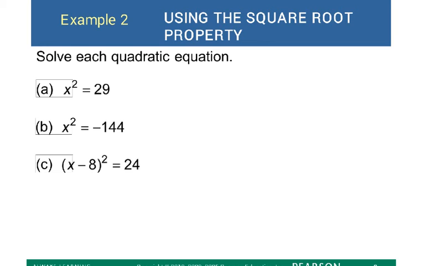So, first step, we take the square root of both sides of our equation.